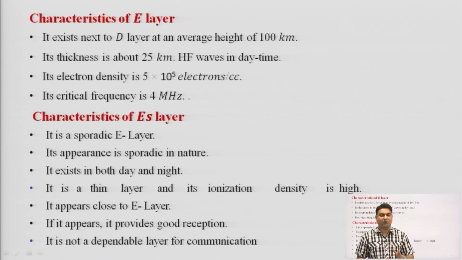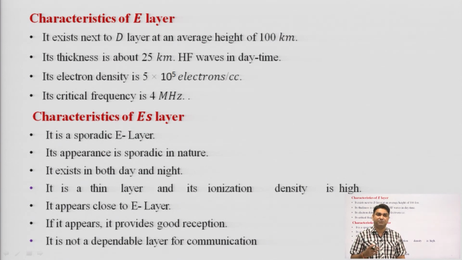Its thickness is about 25 kilometer, and high frequency waves can be reflected from the E layer during daytime. Its electron density is 5 into 10 to the power 5 electrons per cc, and its critical frequency is approximately 4 megahertz.